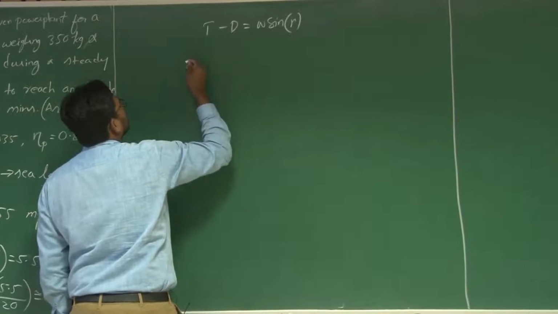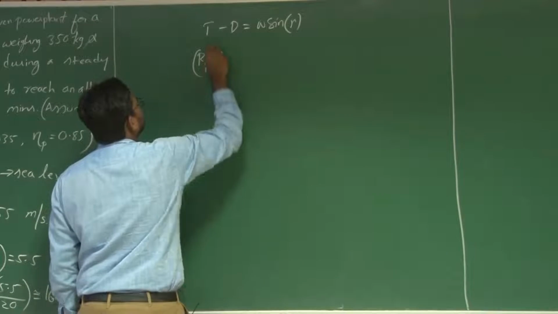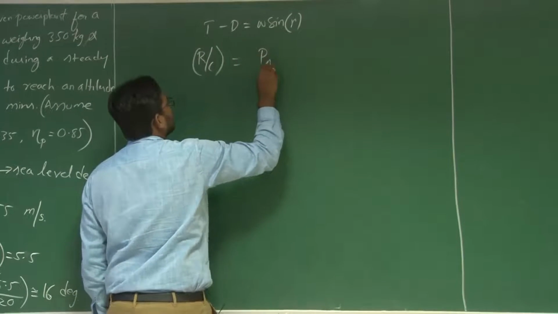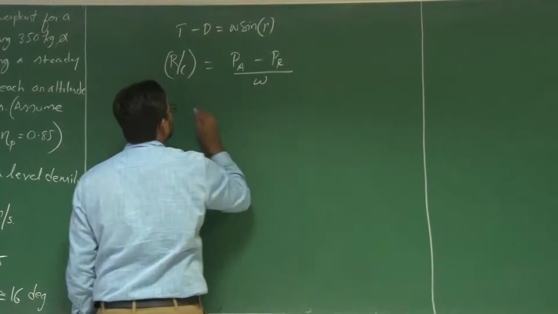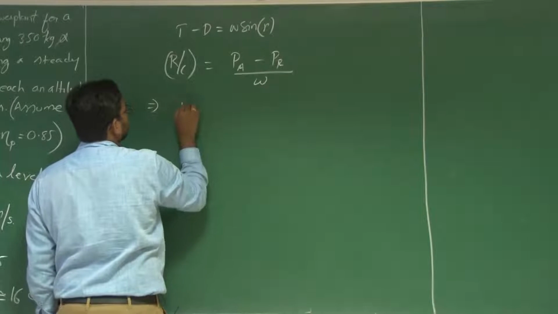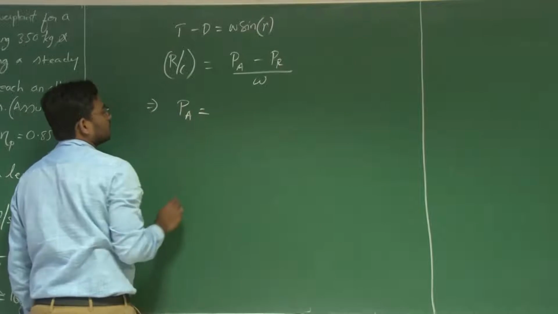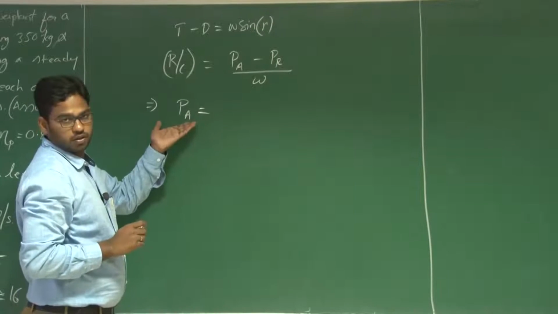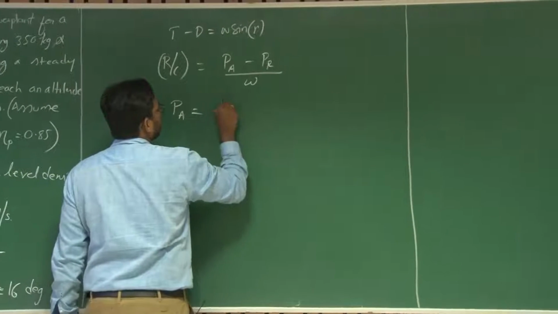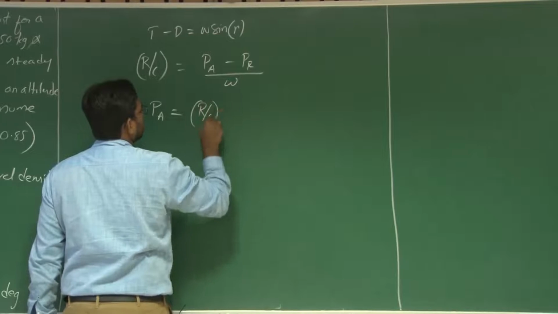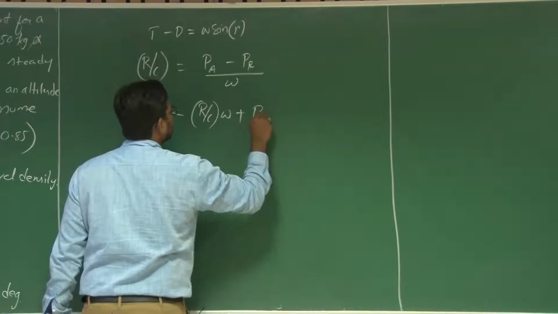So, rate of climb is equal to power available minus power required divided by weight. This implies the power available, the power that the engine has to deliver, is equal to rate of climb times the weight of the system plus power required.